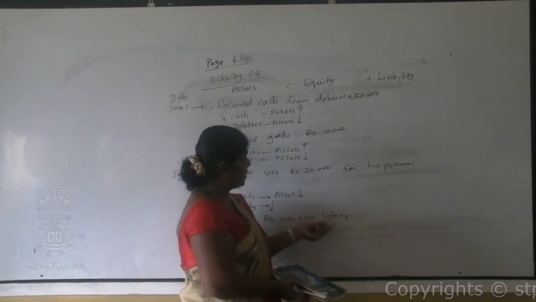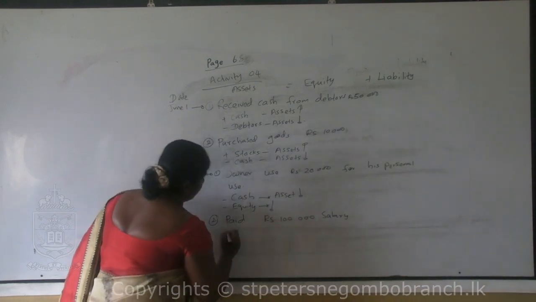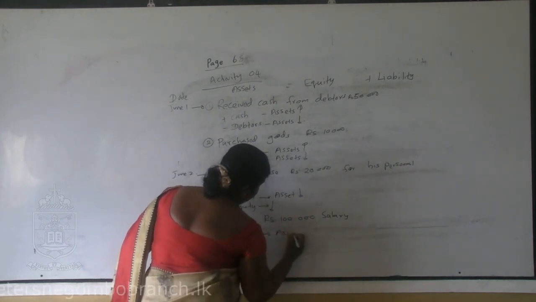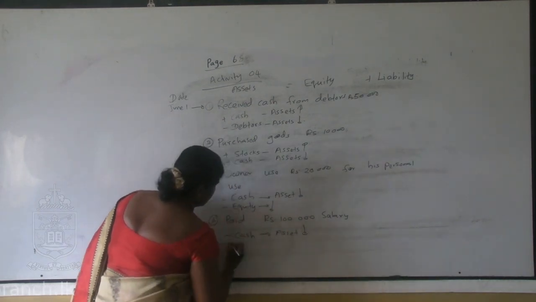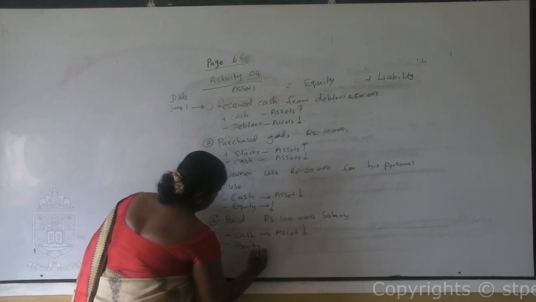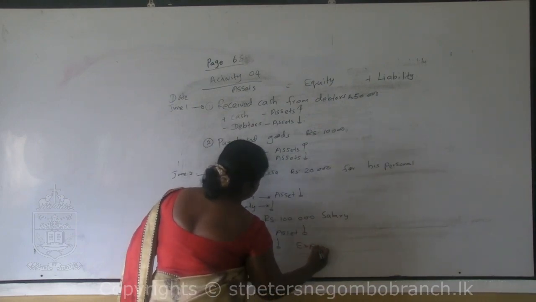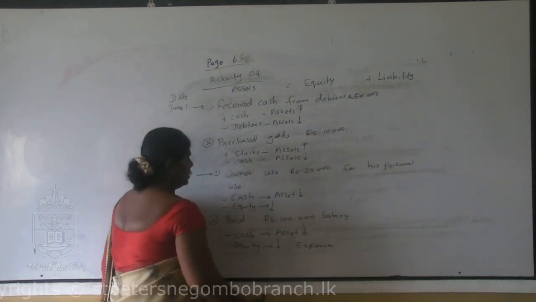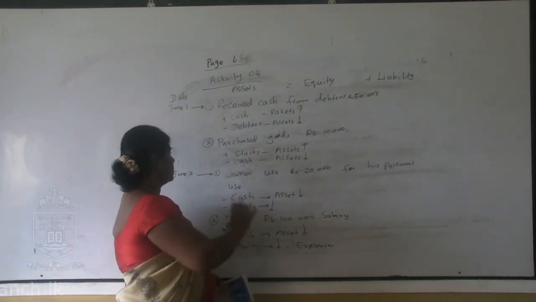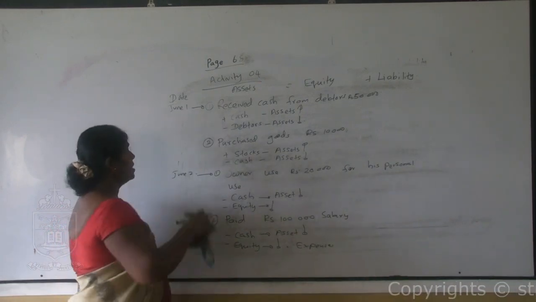If there is an expense, definitely you should subtract that amount from equity. So at that time, cash is an asset, it decreases. Equity also decreases because it's an expense. Due to expense, equity will decrease. Those two transactions we can apply for the theory that you have given.